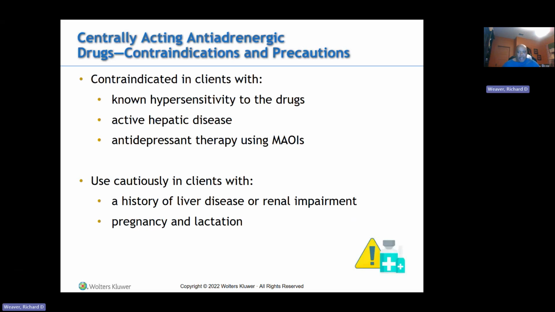Right. And as far as caution, obviously those with renal and liver disease, because this is where drugs are metabolized and also excreted, and obviously lactation and pregnancy.